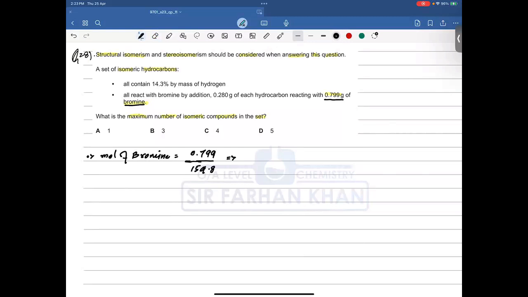So 0.799 divided by 159.8 is going to be 5 into 10 to the power minus 3 moles.